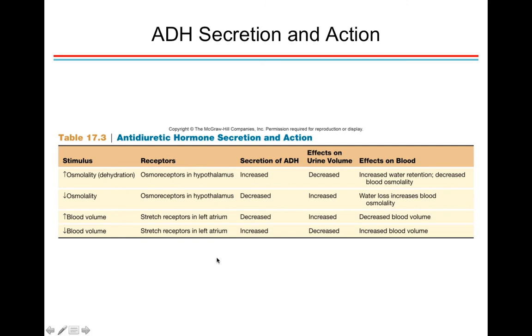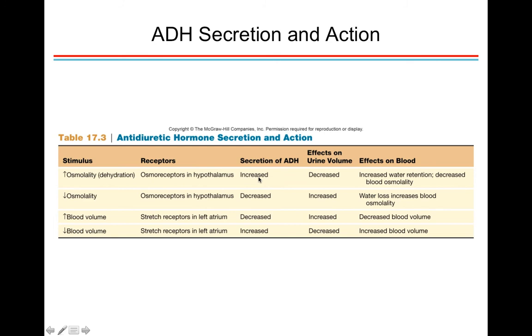So as we had mentioned, under dehydration conditions, you'll have higher osmolality in the blood. Osmoreceptors in the brain will detect that. They will trigger the pituitary gland to increase the secretion of antidiuretic hormone.